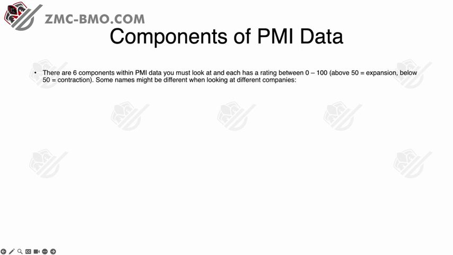So I'm not going to expect you to get it straight away. If you do, amazing. If not, just consistently try to learn what the components of PMI are. Some of us may know this already, but for those who don't, there are 6 components within PMI data you must look at, and each has a rating between 0 and 100.